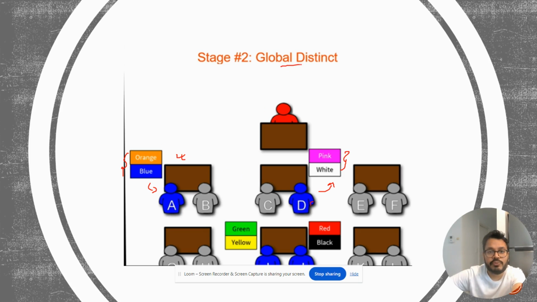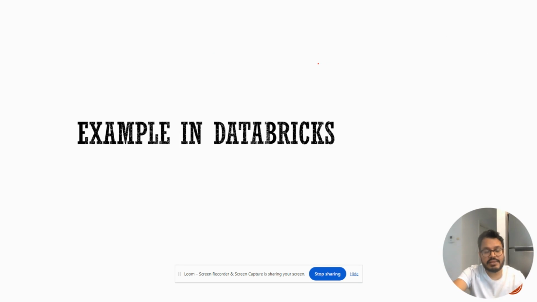That's what a global count does, and that's why your distinct operation is divided among stage 1 and stage 2. So let's look at the example in Databricks.